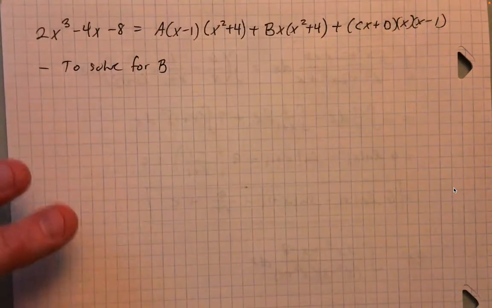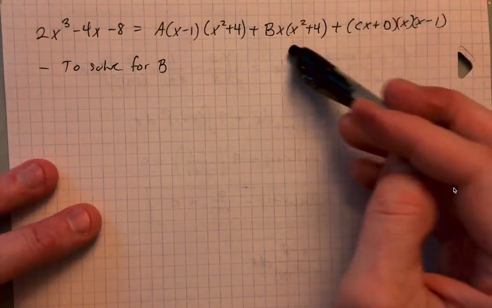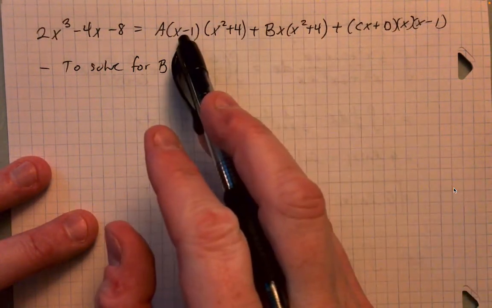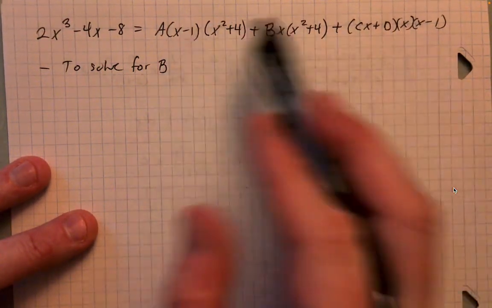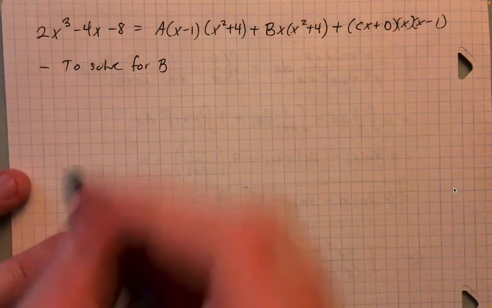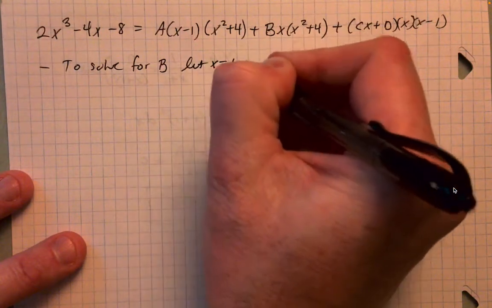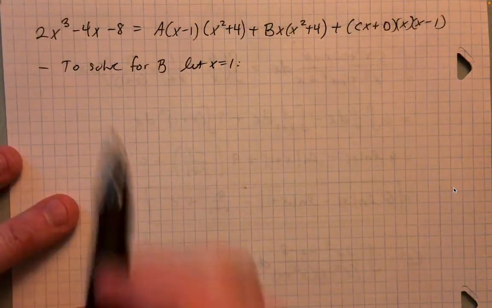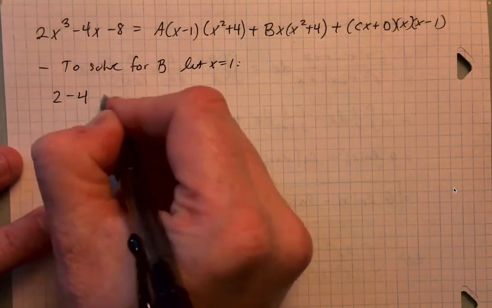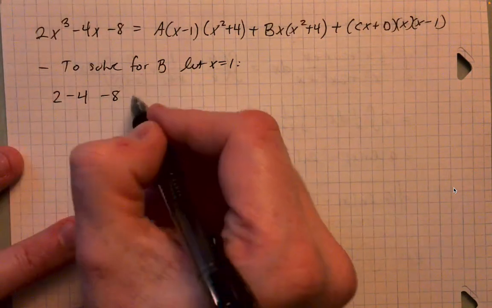What can we do? Well, looking at the b, that's just the linear times the quadratic, so I can use the x minus 1 term to cancel out the a, c, and d. So that will basically mean I'm going to let x equal 1. Okay, and so that means I've got 2 times 1, so I've got 2 minus 4 minus 8 on this side.